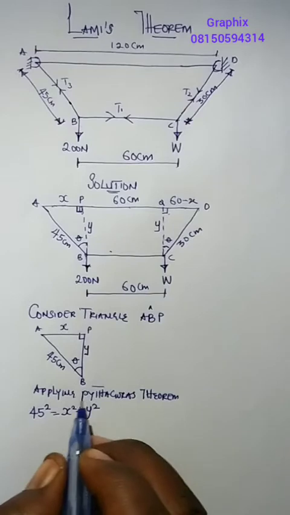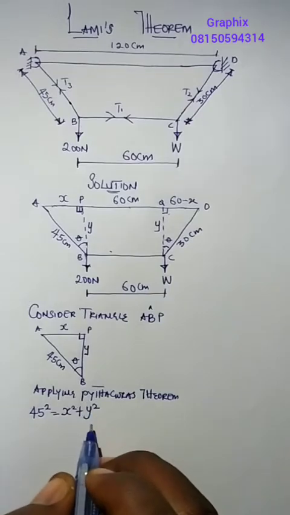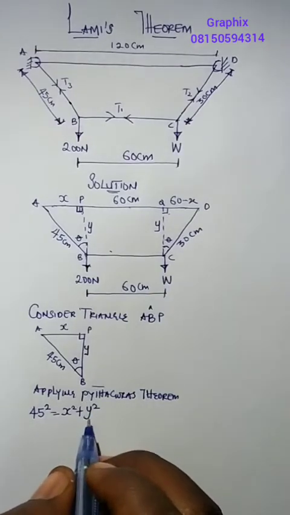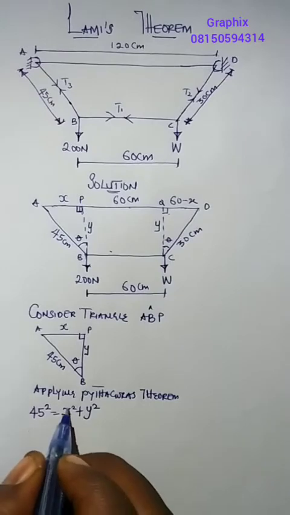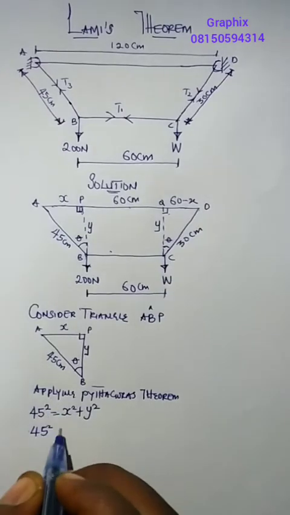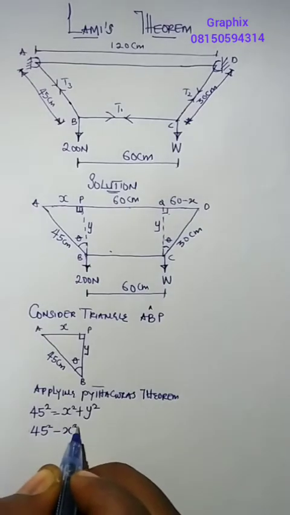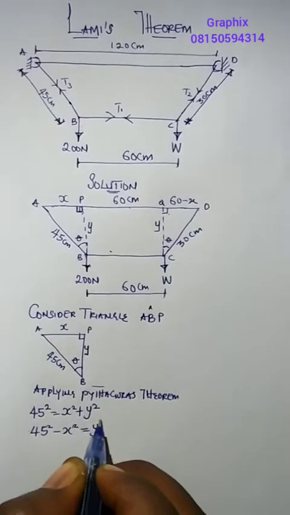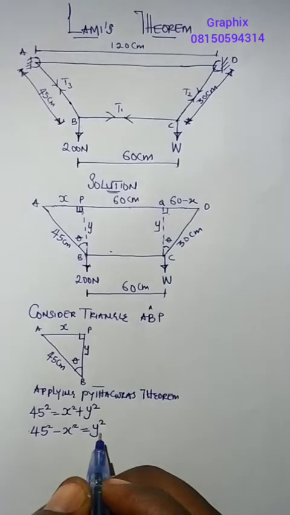But now I want to make y the subject of the formula. So making y the subject, this guy will come here, I'll be having 45 squared. If x comes here, we're having minus x squared equals to what? Y squared, right?